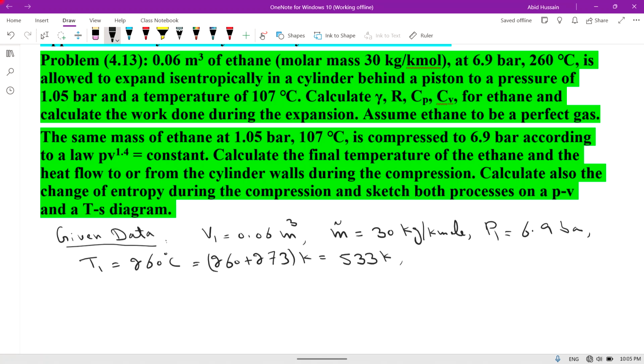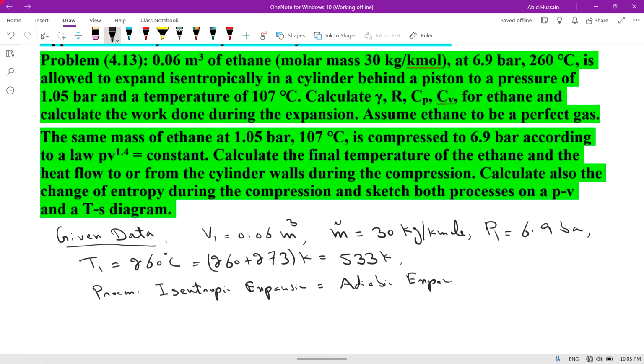It is allowed to expand isentropically. Process is isentropic expansion, and the second name of isentropic expansion is adiabatic expansion.